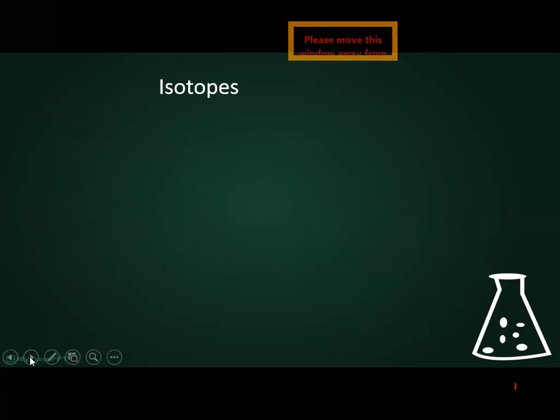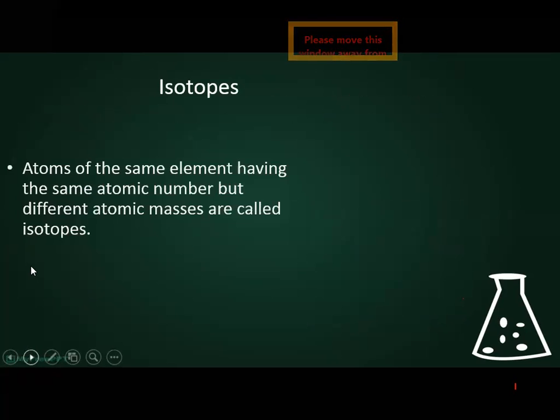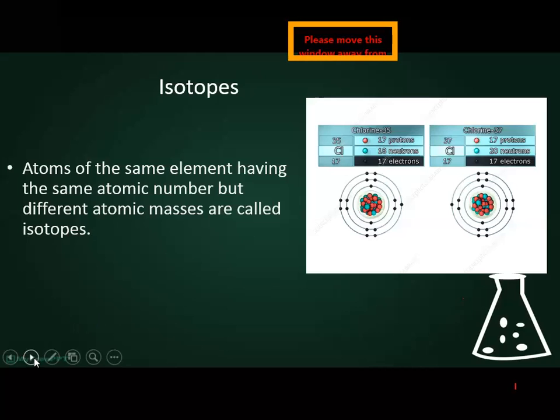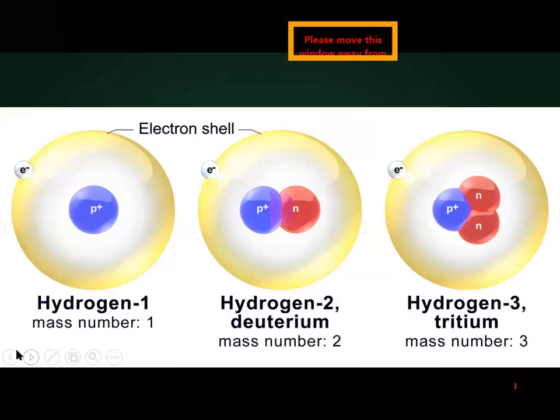Isotopes: we can define isotopes as the atoms of the same element having the same atomic number. We know that all the atoms in an element have the same atomic number, but their atomic masses are different. Look at the screen.